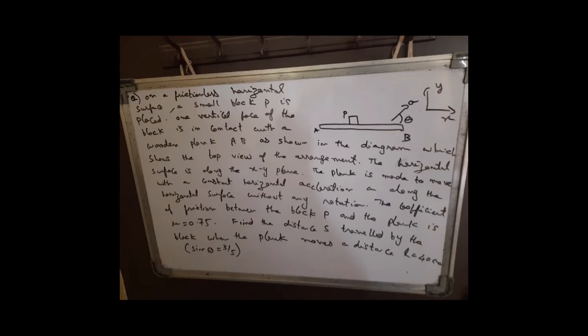Sir, it will move in a curved path, no, sir, relative to a ground observer? It will have two components, vertical and horizontal, and both of them you can add vectorially.